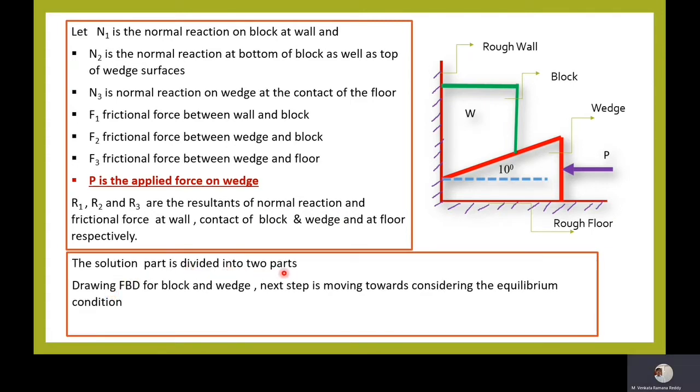The solution part is divided into two parts: drawing the FBD for block and wedge, and then considering the equilibrium conditions. As the block has fewer unknowns than the wedge, we'll start with the FBD of the block first.